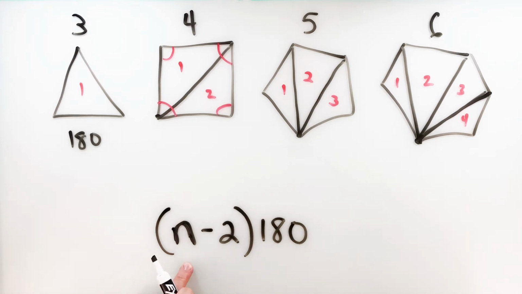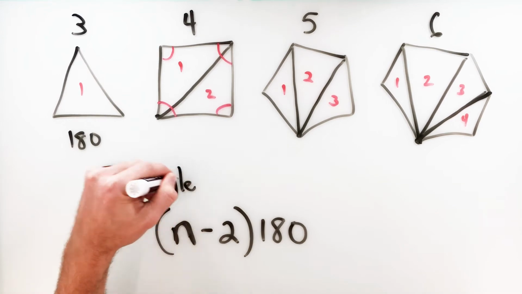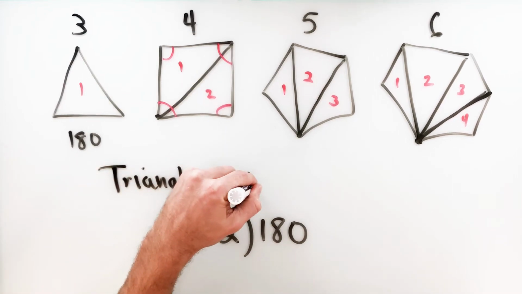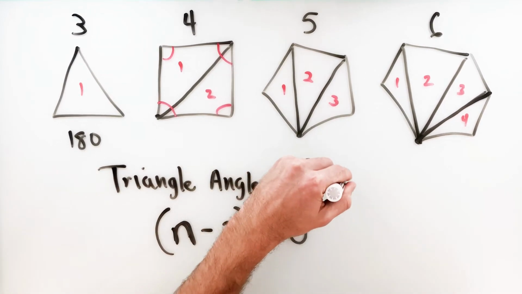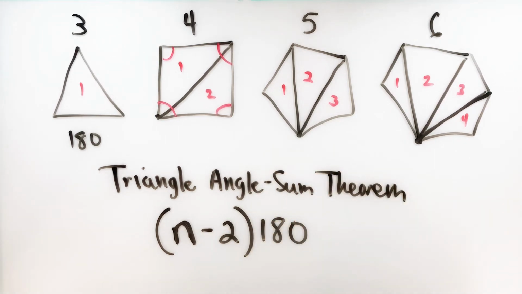So number of sides minus 2, take that value times 180. And this is a special theorem. This is called the Triangle Angle-Sum Theorem. The Triangle Angle-Sum Theorem is a way to get the sum of all the angles inside of any polygon as long as I know the number of sides.